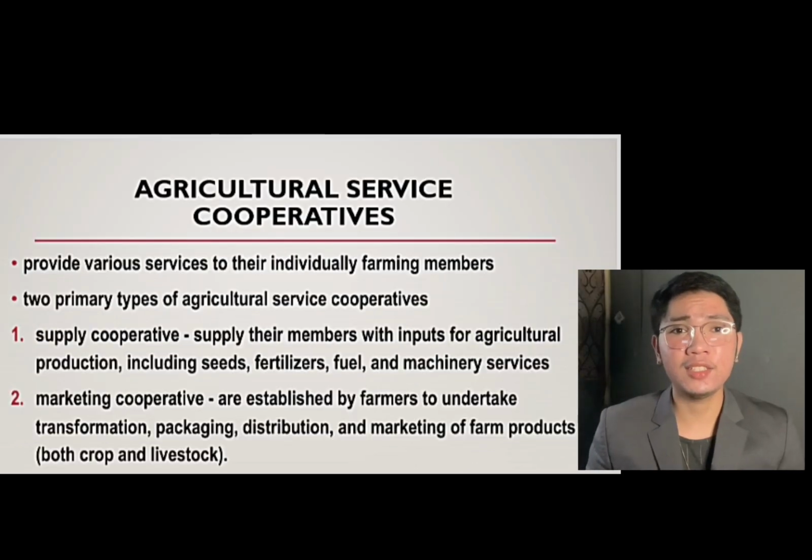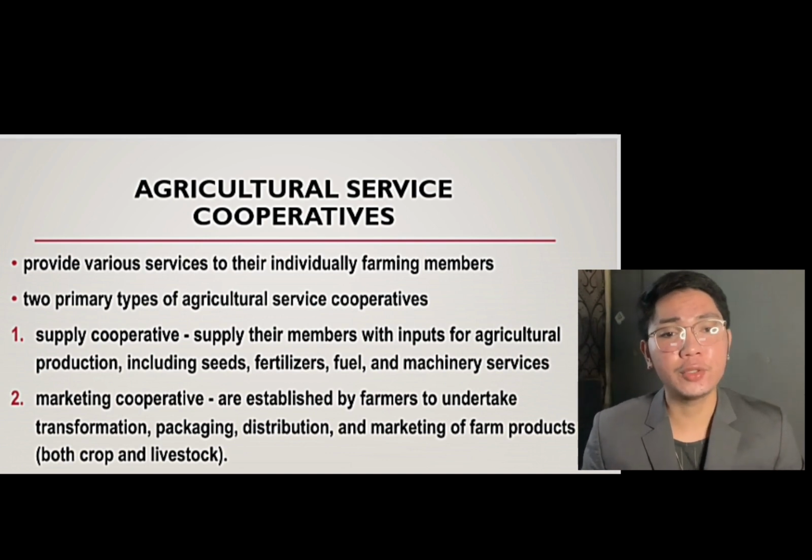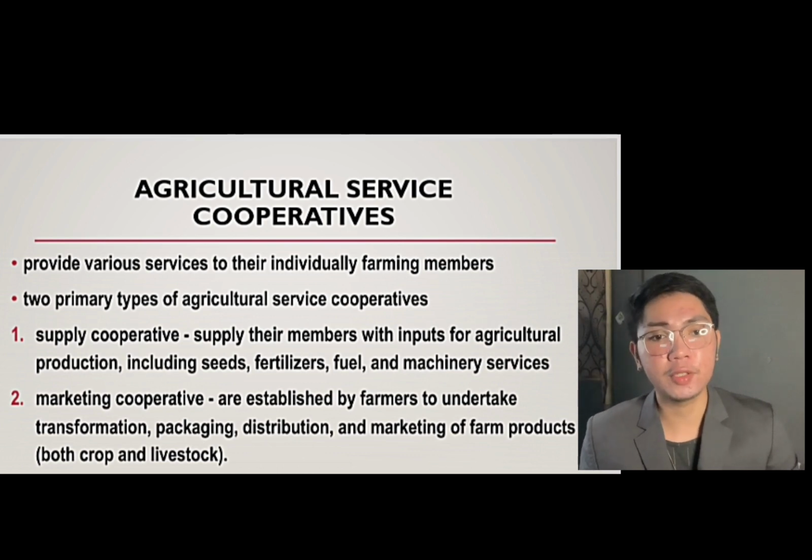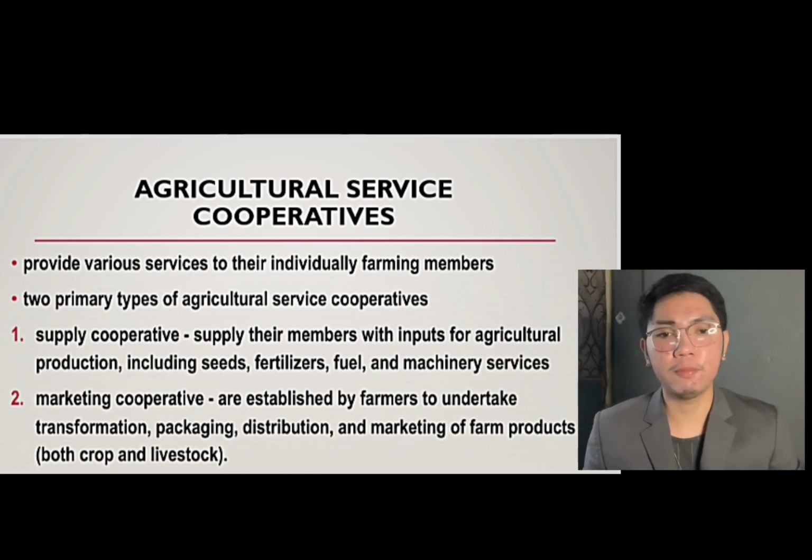And now let us also define what is the agricultural service cooperative. It also provides various services to its individual farming members. There are two primary types of agricultural service cooperatives: supply cooperatives and marketing cooperatives.